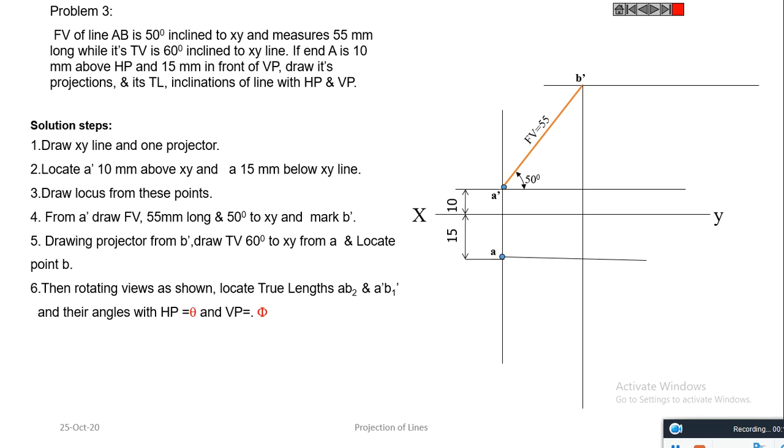It is also given that the top view is making angle 60 degree to XY line. So mark 60 degree from A and locate point B. So we got the front view A dash B dash and top view A B. Then rotating the views as shown, we get the true length.